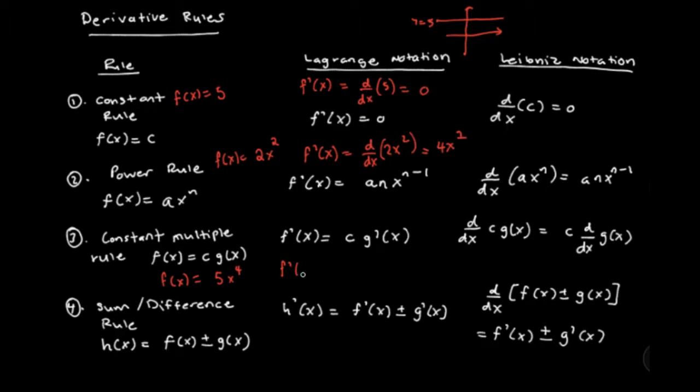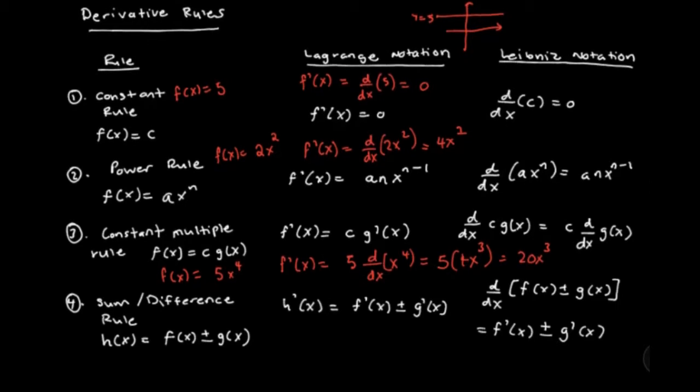F prime of x is basically equal to 5 times the derivative of x to the power 4, which is 5 times, and I'm going to use the power rule again, 4x cubed, which is basically 20x cubed. So it's similar to the previous example. It just tells us that we can take the constant out and then do the derivative of the function by itself.